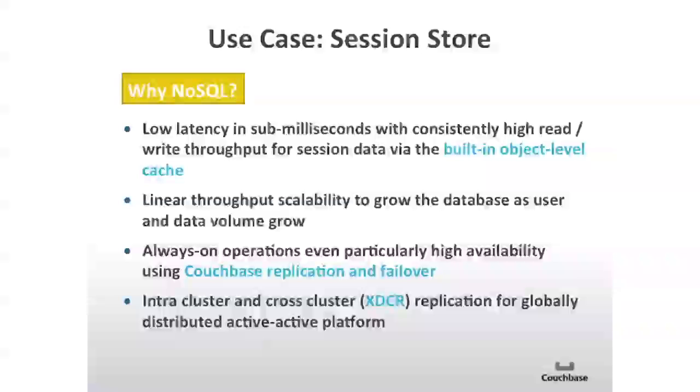We also have XDCR, which is cross data center replication, for different use cases. If you want a disaster recovery or backup live cluster, or another geolocated data center in some other location, that can be supported with cross data center replication.